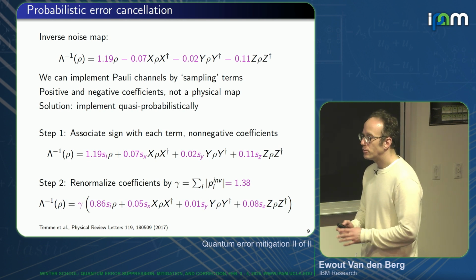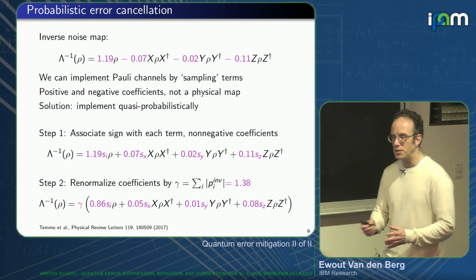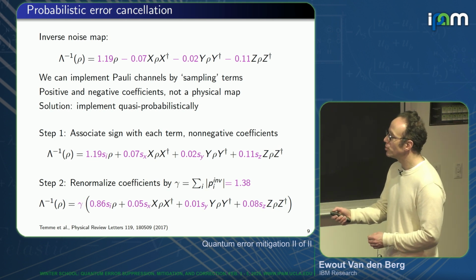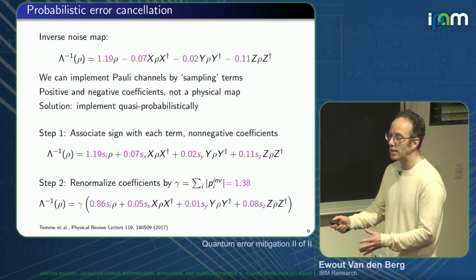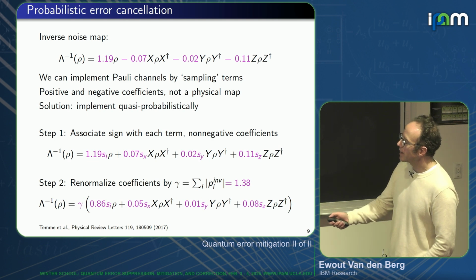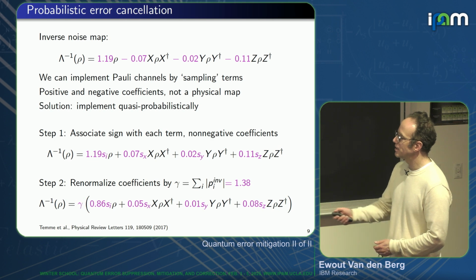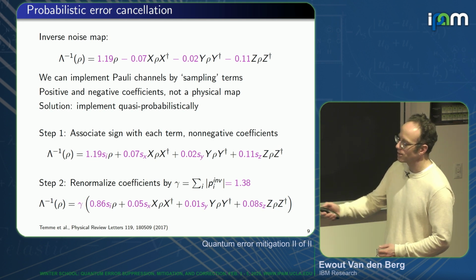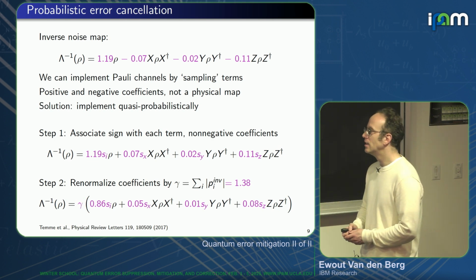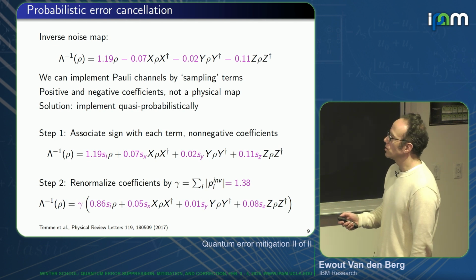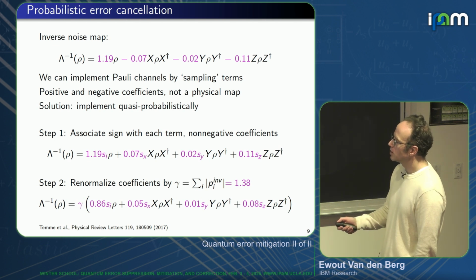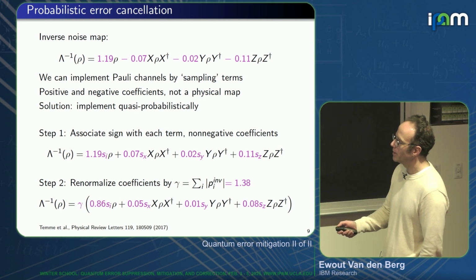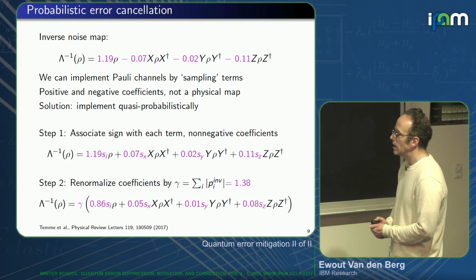And if you want to implement a normal Pauli channel, you can just sample terms with a certain probability and apply them. But here we get negative probabilities, and some of the probabilities are larger than 1. So that's a bit more difficult to work with. The solution here is to implement this quasi-probabilistically.